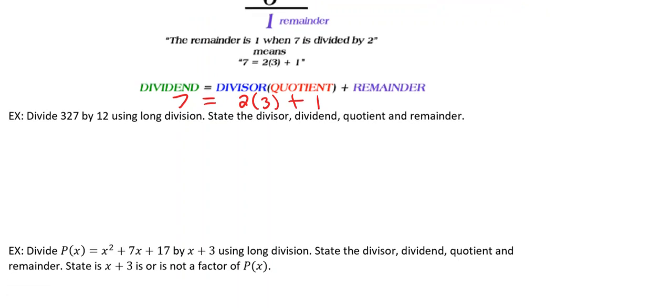Okay. Now, divide 327 by 12 using long division. This was on the grade 6 PAT, just so you know, so let's see if you guys can get it. So we'll write out our symbol there, and it's 327, and we're going to divide it by 12.